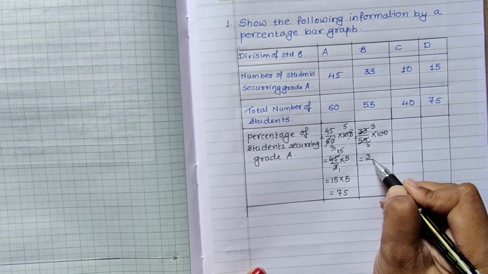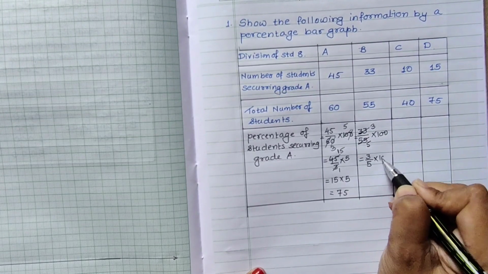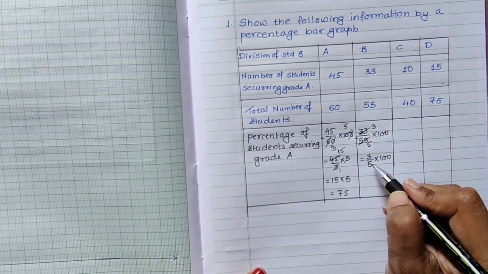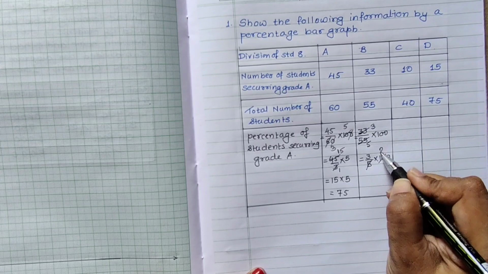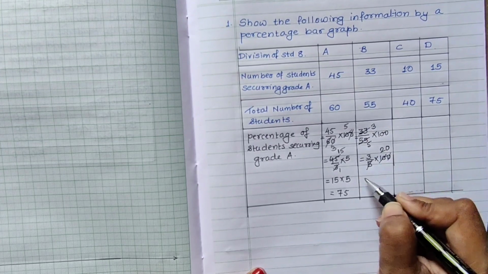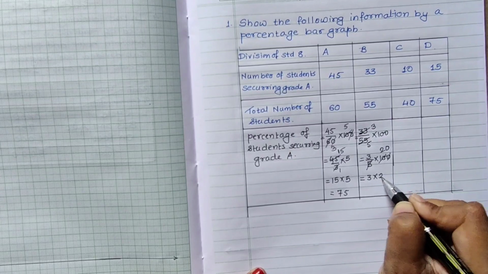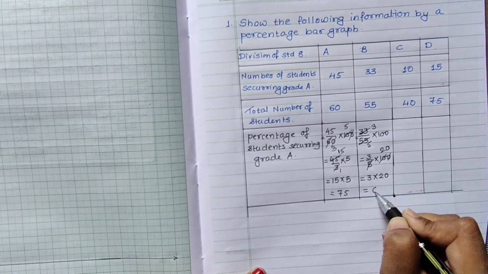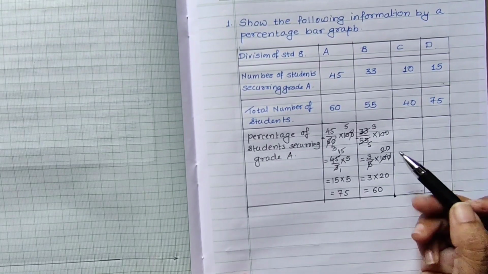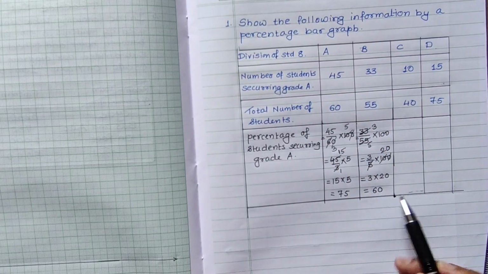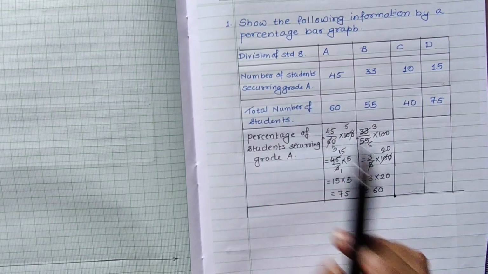So we are getting 3 upon 5 multiplied by 100. Now this 100 is divisible by 5. So 5 2s are 10 and 5 zeros are 0. So we are getting 3 into 20, and 3 into 20 means 60. So 60% of students from division 8B are securing the grade A.